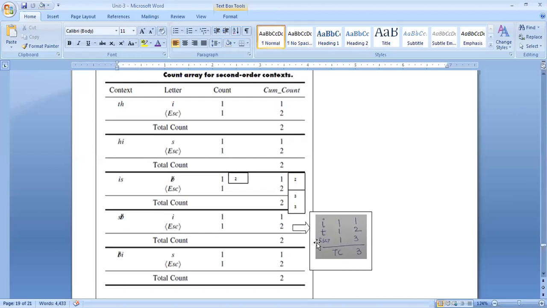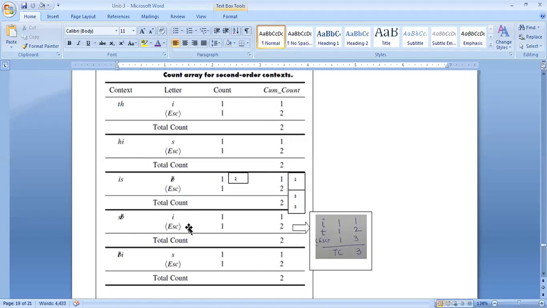So for the value I, we update and add the value T. For I, count is 1 and cumulative count is 1. We add T, whose count is the same as for I, but cumulative count is updated, 1 plus 1, 2.